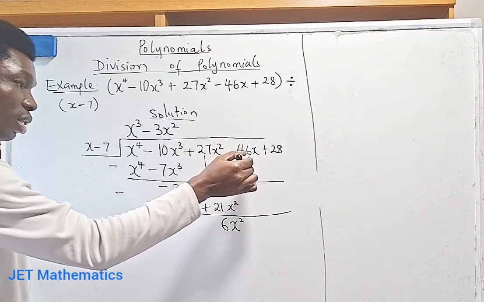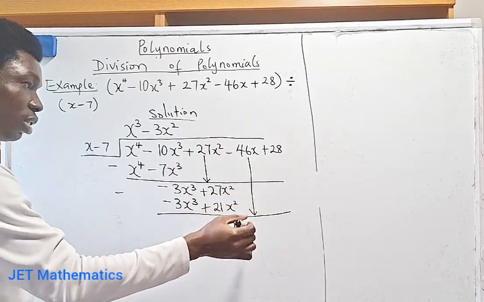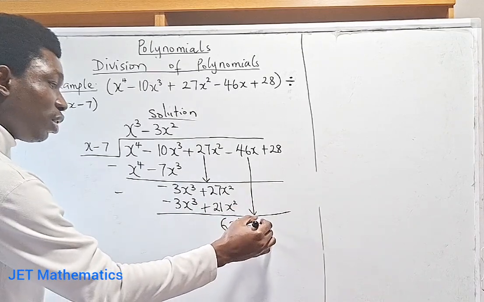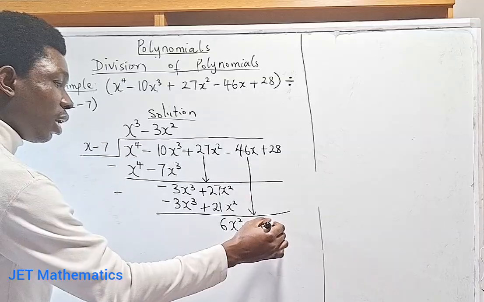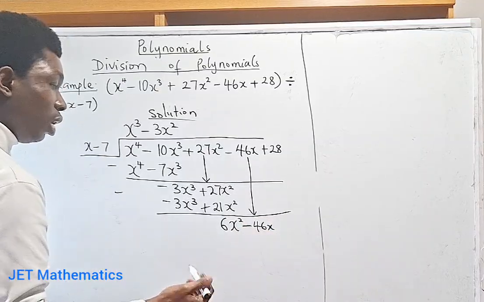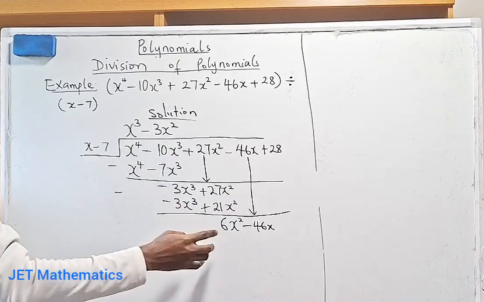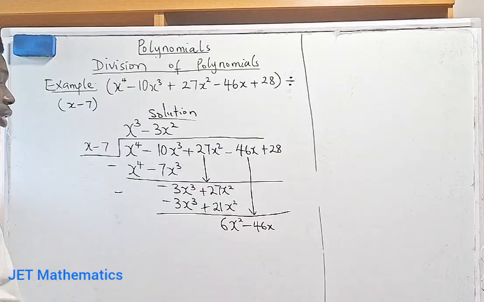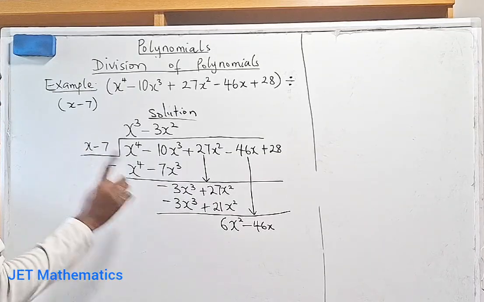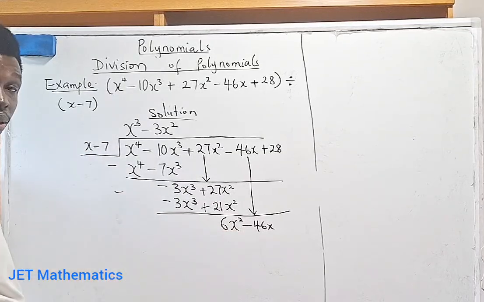And then next we'll bring down the next term, which is minus 46x. Again, we ask ourselves, what can I use to multiply x to get 6x squared?